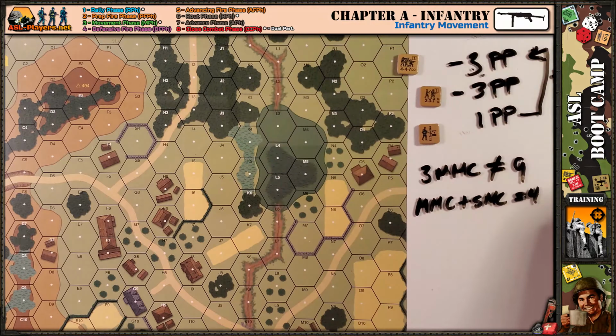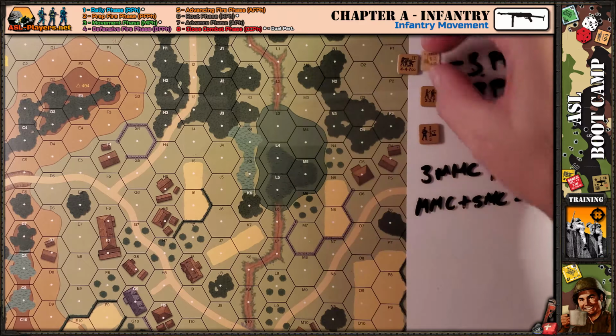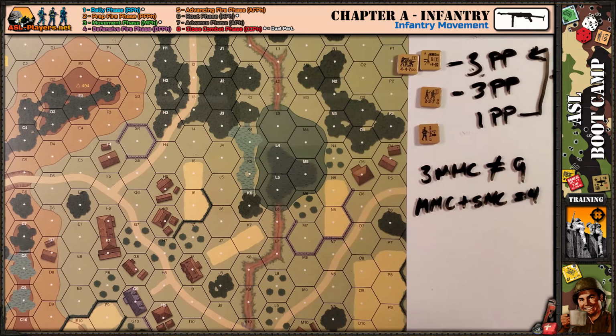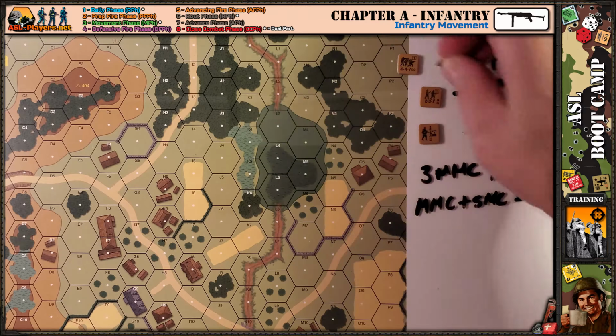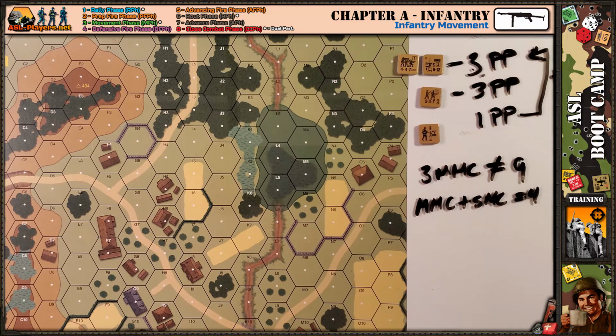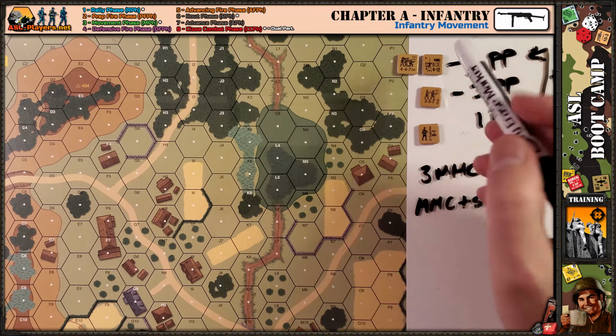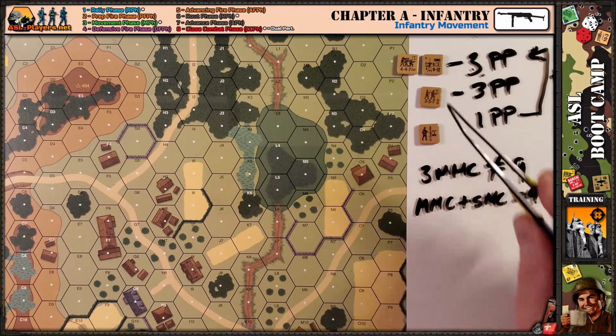Now, let's say he is lugging around a medium machine gun, which has 3 portage points. Still not a problem. Now, let's say he's lugging around a, where did I put it? Here it is. A Russian bulky heavy machine gun, which costs 5 portage points.